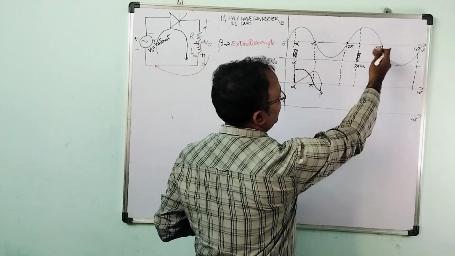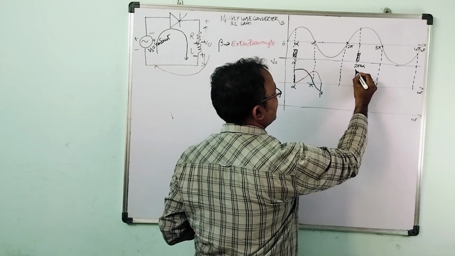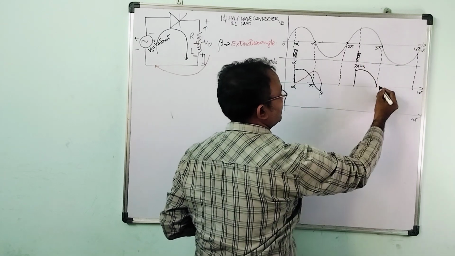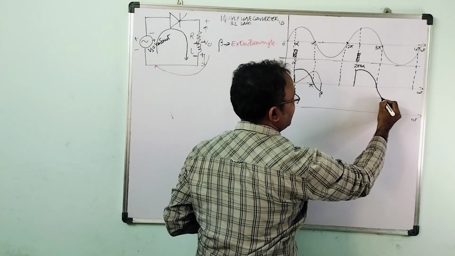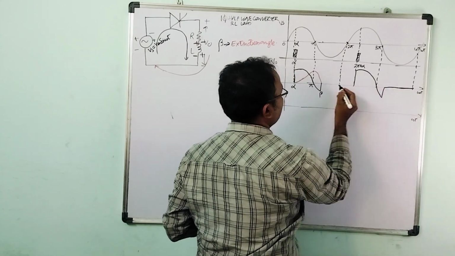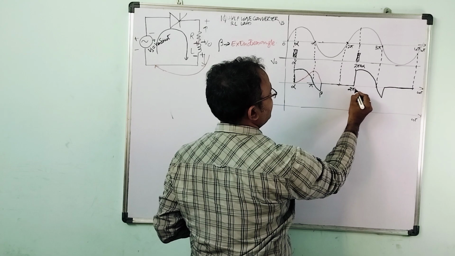Again during the next positive half cycle, when the trigger pulse is applied at 2 pi plus alpha, the output voltage will follow the supply voltage waveform until the extinction angle, and during the remaining period the output voltage will be 0 till the next trigger pulse is given at 2 pi plus alpha.